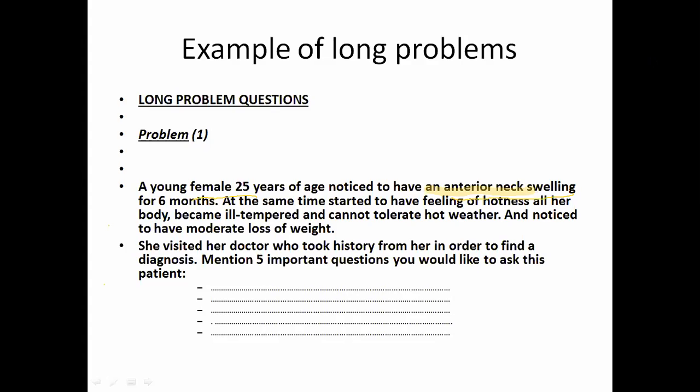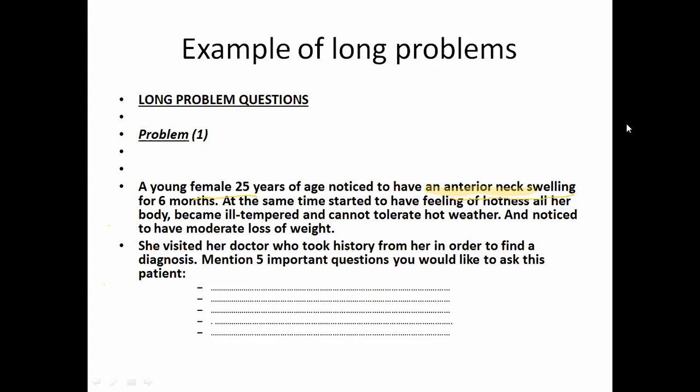You ask about dropping objects while working because she may have tremors. And she will have tachycardia, of thyrotoxicosis.